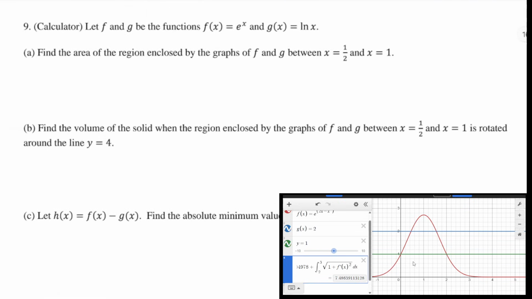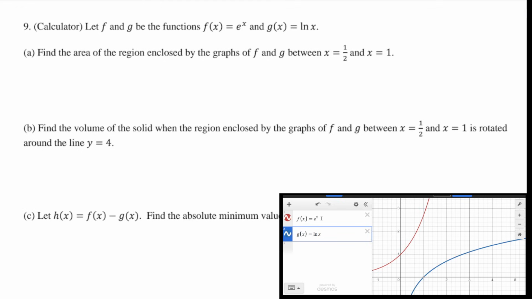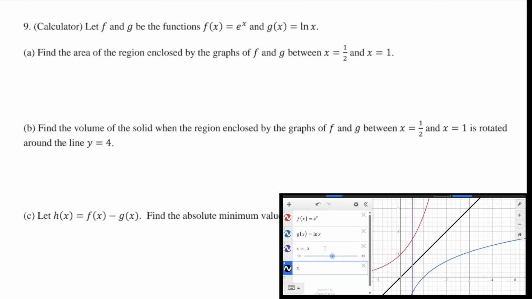After that, we've got f of x equals e to the x and g of x equals log x. All right, so e to the x and log x. Find the area of the region enclosed by the graphs of f and g between x equals a half and x equals 1. All right, so I think if you let the calculator help you with this, it's a little easier to see. Okay, we're talking about between the two black bars, red minus blue.